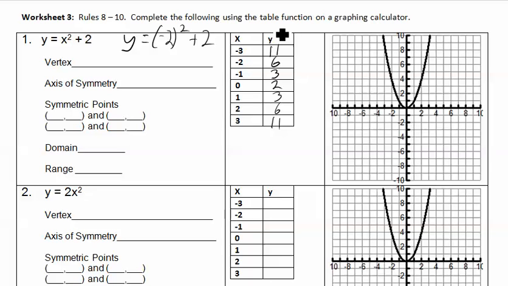Okay, so I went ahead and filled in this table here, and we're going to actually graph these points. So -3, 11, -3 goes off the graph just a little bit.